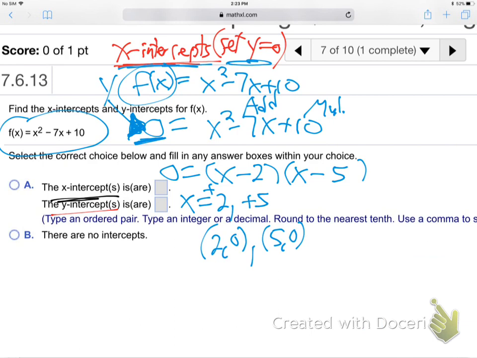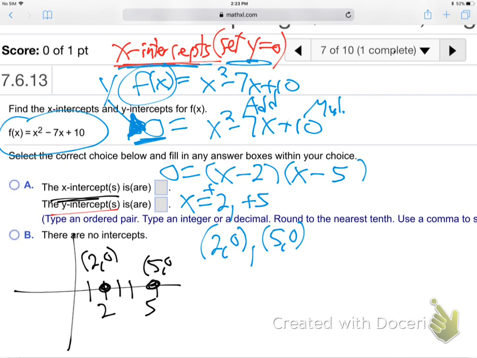We're doing a parabola, a U shape. Let me do it over here, I just don't have room over there. Over 2 and over 5, up 0. That's the point. Those are the two places that the U-shape, the parabola, hits the x-axis. So those are the x-intercepts.